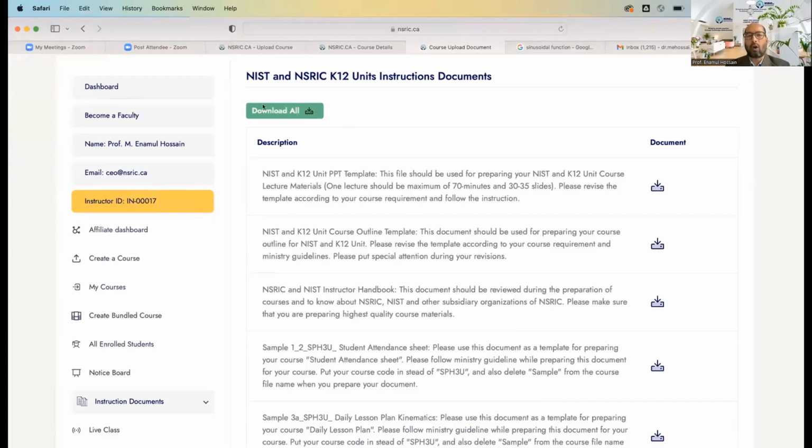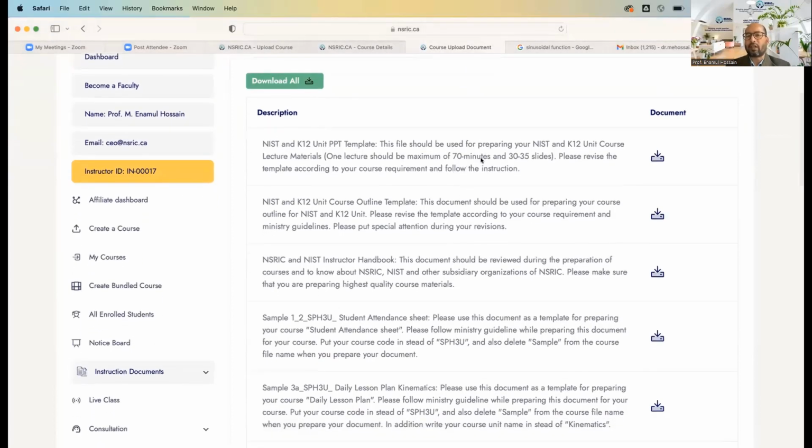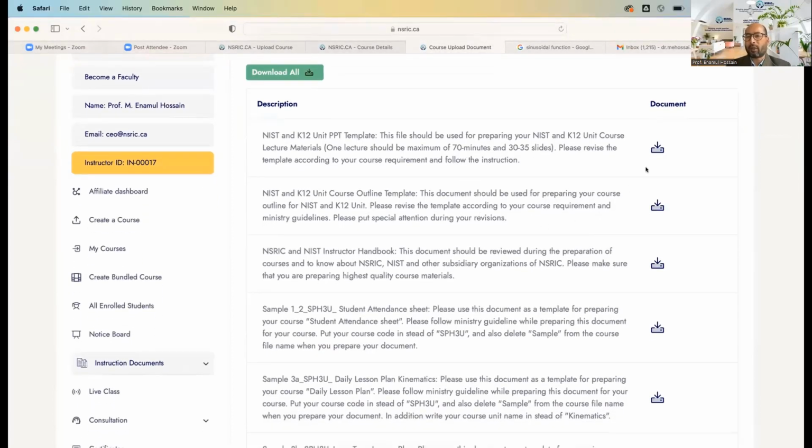You can download them all at once, and the description of each document is stated here, because those are ministry required documents. After completion of your course, you should prepare all these documents for the ministry, and they go to the ministry as a binder. The ministry calls it the course binder.